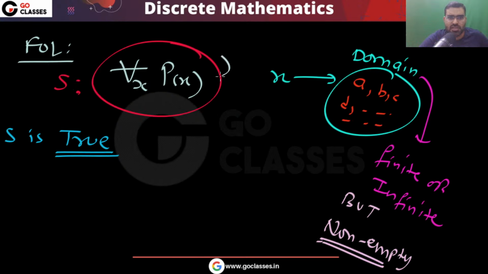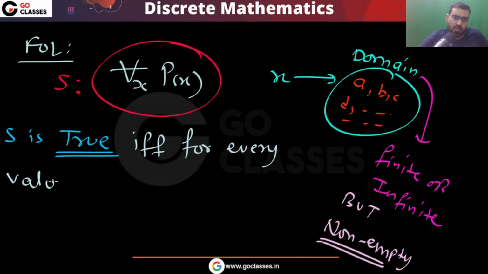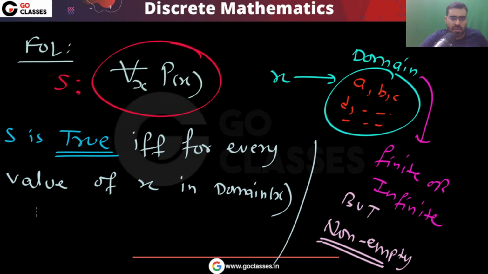So this will be true if and only if for every value x can take, for every value in the domain of x, px is true. Okay, then it will be true.